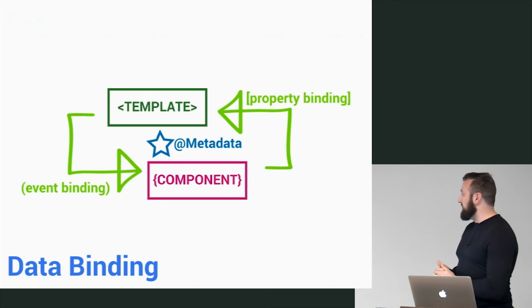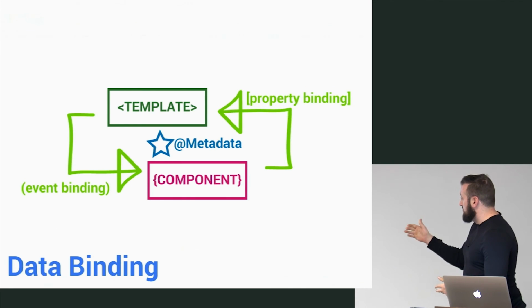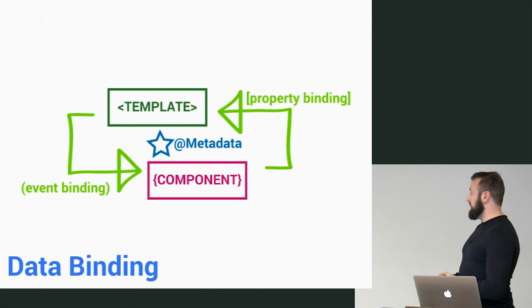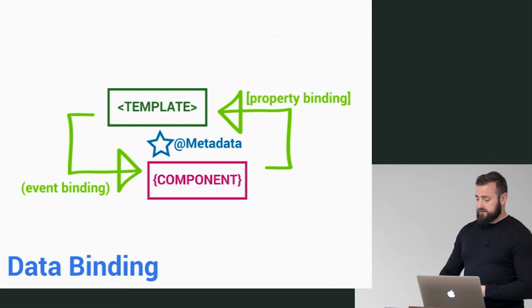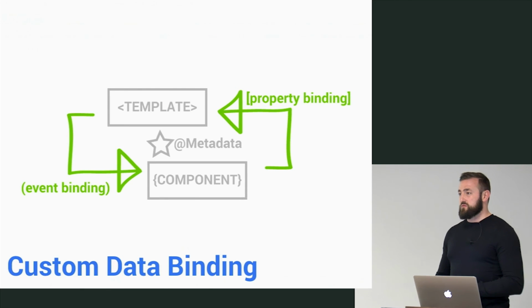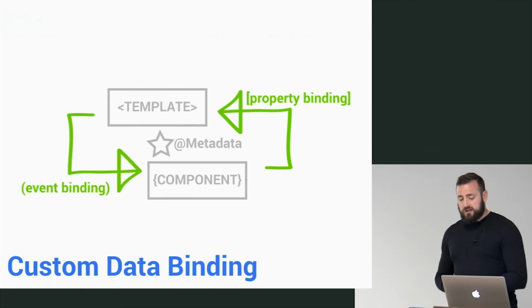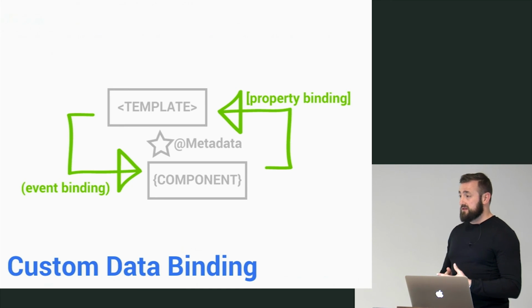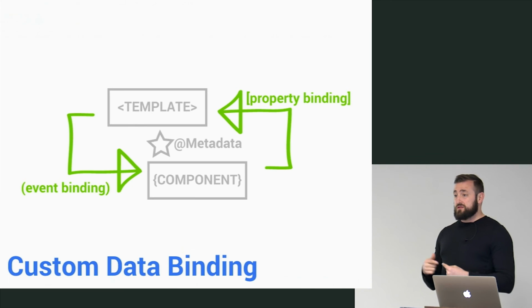So we've been talking about templates and components, and by now, I think we're very familiar with this graphic. But what I want to focus on here that really enables this is the custom data binding. We've seen from a component to a template how to do that.